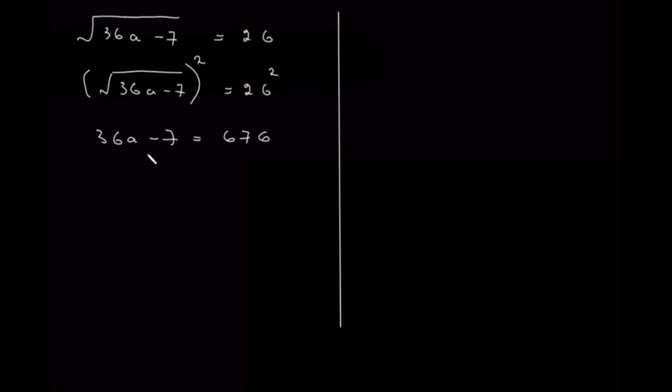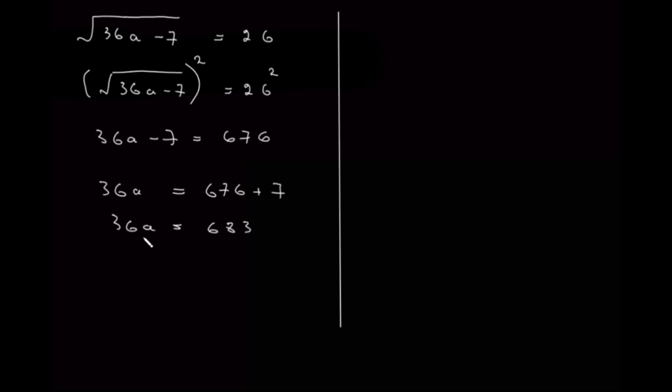Right, okay, we want the 7 over the other side, so we have 36a. Let's move the 7, 676. There's the 7 we moved. Now we check the sign, negative, so the other side it becomes positive. So we end up with 36a equals 676 plus 7, which is 683.